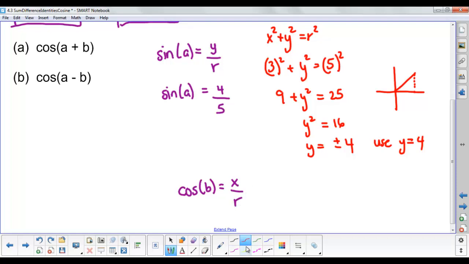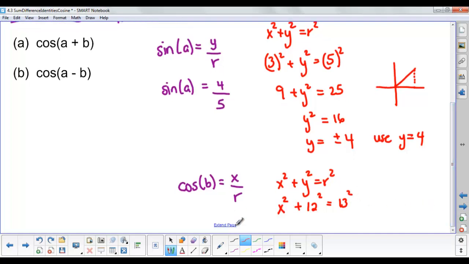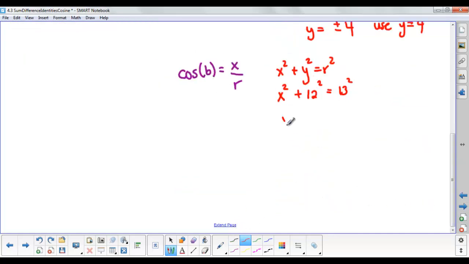So again, we'll do Pythagorean identity and fill in what we know. Well, we're trying to find x, so we'll leave that as is. We know the y value was 12, and we know the r value is 13. So we'll go ahead and simplify there.